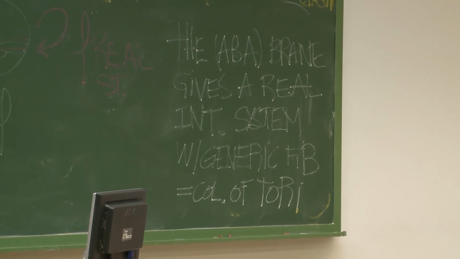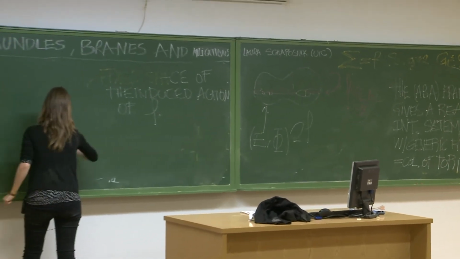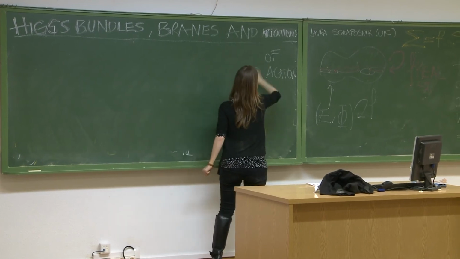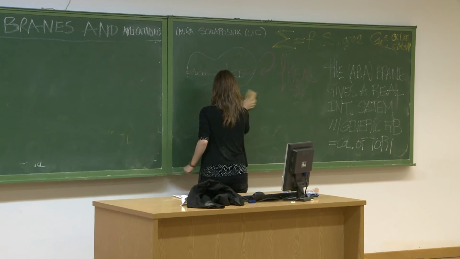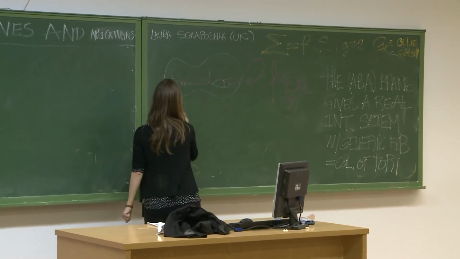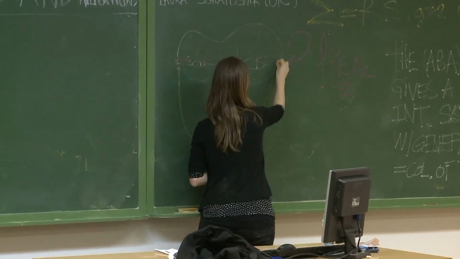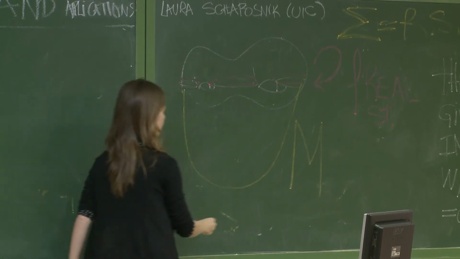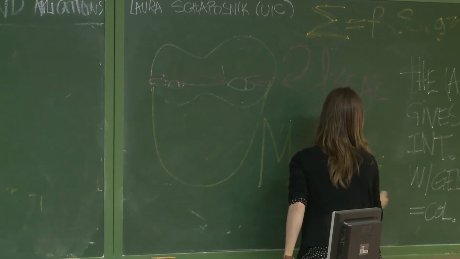And there's something else that appears there, which is a relation with 3-manifolds. So let me draw, very badly, a 3-manifold here. I want to put a 3-manifold M here such that the boundary of M is my Riemann surface.